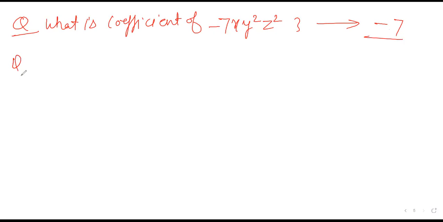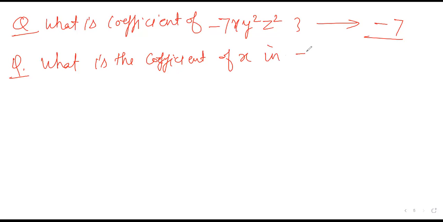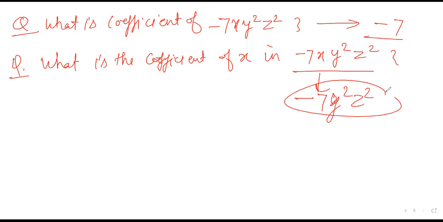Okay, but the question is, what is the coefficient of x in minus 7xy square z square? What is the coefficient of x in this expression? That means you have to just remove the x, the rest will be your coefficient of x. I hope the concept is clear.